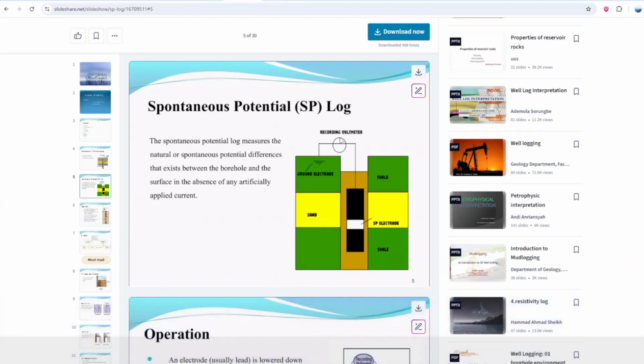So we have a recording voltmeter, a ground electrode, and an SP electrode. The SP electrode is the one that is moving up the borehole, and is measuring the natural, spontaneous potential differences that exist between the borehole and the surface in the absence of any artificially applied current.